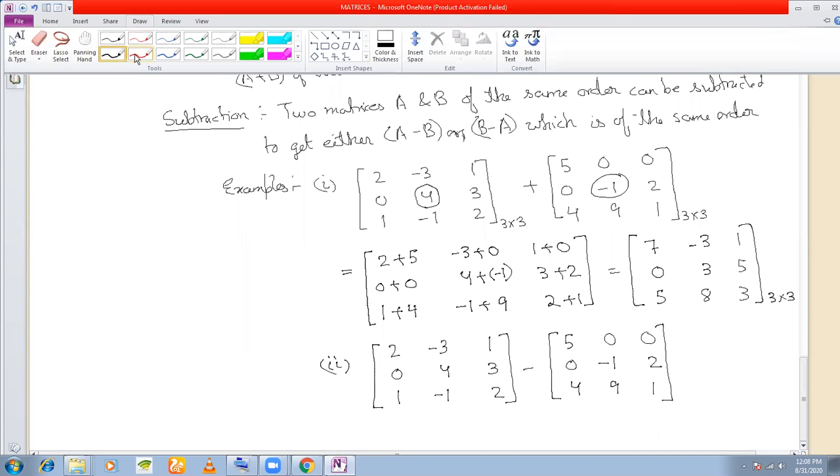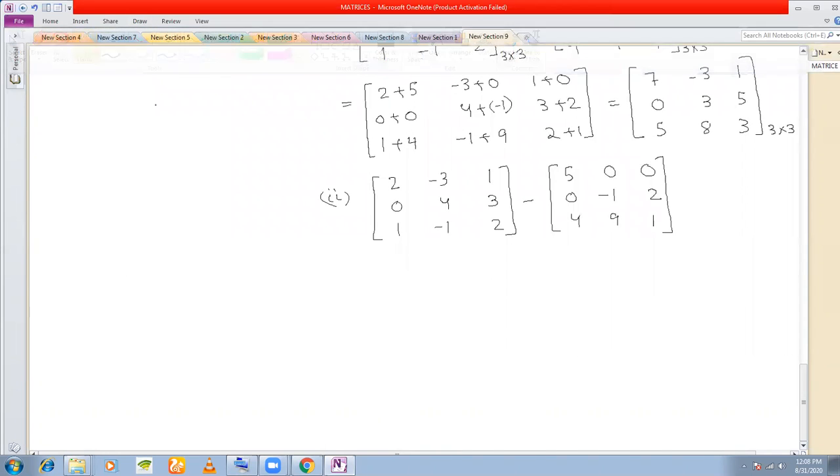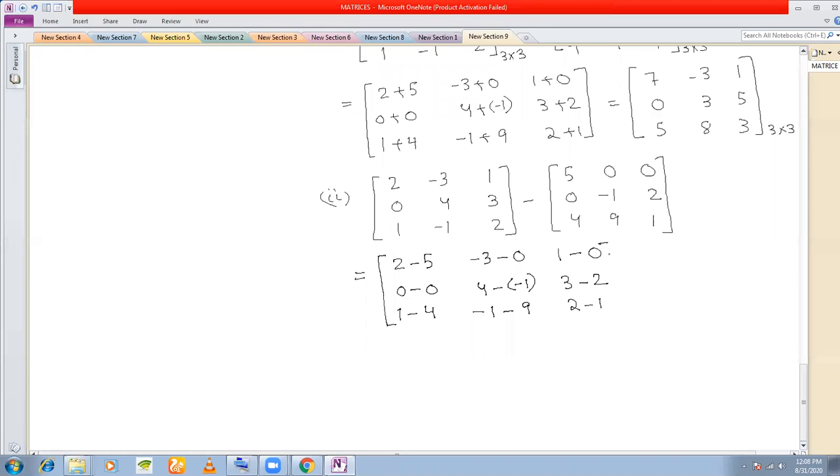This time, when I'm subtracting the two matrices, I'll get the result. So I'm subtracting this matrix from this matrix.